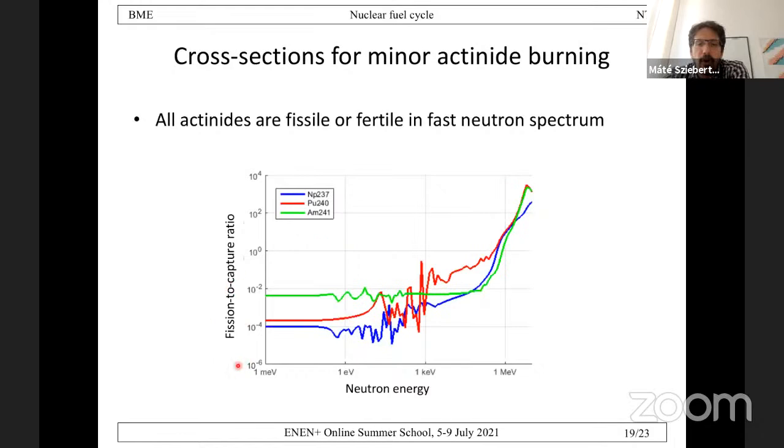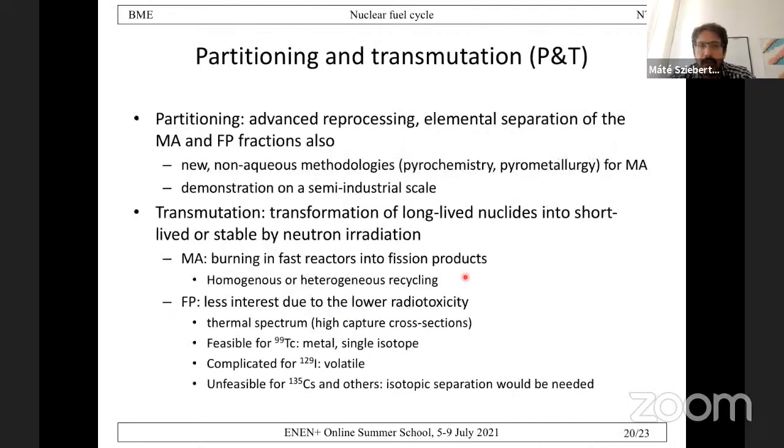So fission is more likely than capture. And with fission, these actinides produce energy and are converted into fission products, which are less toxic. So this is the basic idea of the technology that is called partitioning and transmutation.